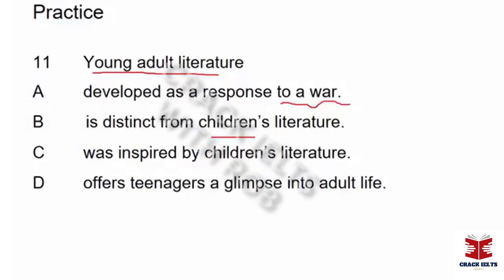Answer choice C also discusses children's literature. So if I am scanning for answers, I think paragraph A is the place I would begin my search, trying to find a correct answer for these answer choices you see here.